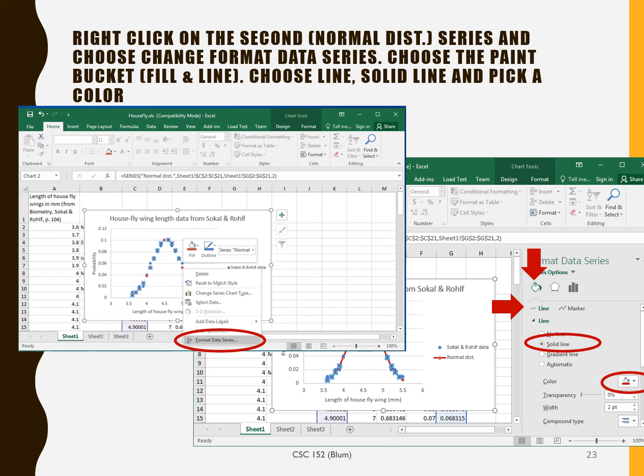Now the second series, the red, is the normal distribution as a mathematical function. So I would like to present that as a solid line. Toward that end, I right-click on one of the red points and choose Format Data Series. Then in the Format Data Series pane that pulls out on the right, I am going to edit the line and choose it to be a solid line, and I can also change its color if I would like.